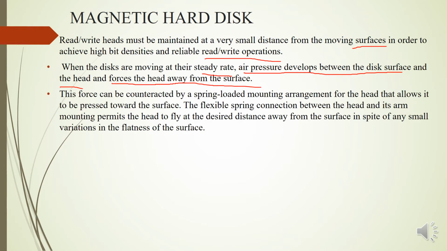This force can be counteracted by a spring loaded mounting arrangement for the head that allows it to be pressed towards the surface again. The flexible spring connection between the head and its arm mounting permits the head to fly at a desired distance away from the surface in spite of any small variations in the flatness of the surface.